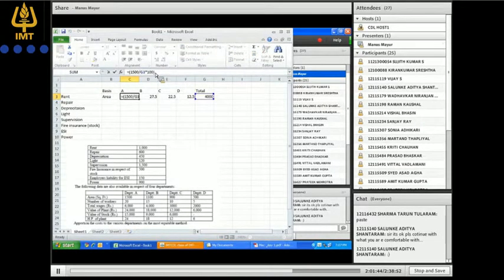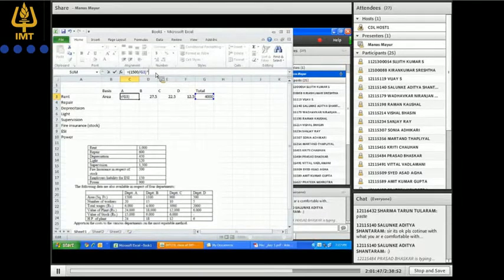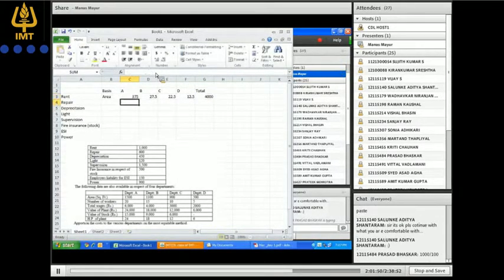So you can remove this and can simply calculate this. Okay, so 375 for A, 275 for B, 225 for C, 125 for D, and the total cost is 1000, right?